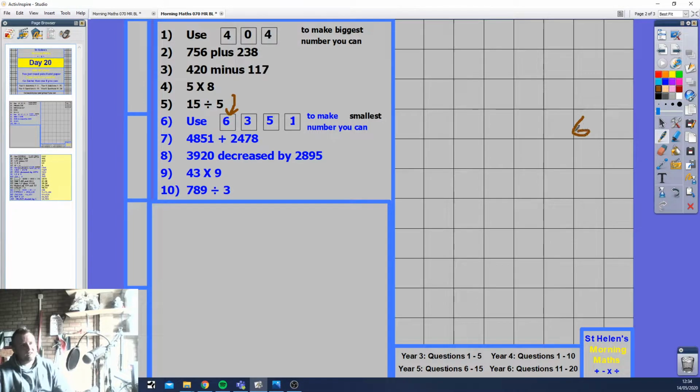So I'm going to put 6 in the lowest place value, the units. Tens, hundreds, thousands, because there's 4 digits. I'm going to put 5, the next biggest number, in the tens. I'm then going to put 3 in the hundreds, and 1 in the thousands. So that's the lowest number that you could possibly get, 1,356.